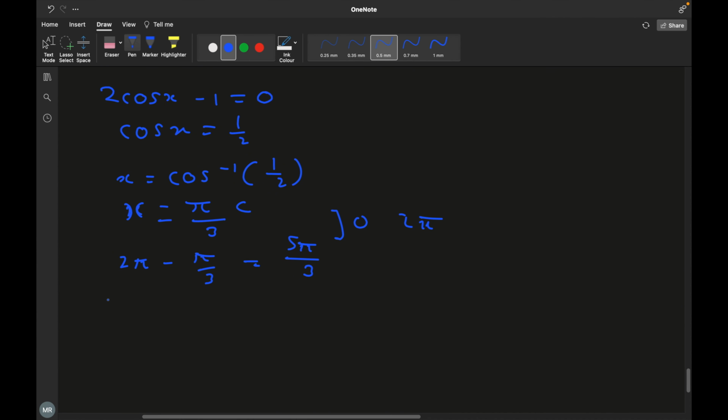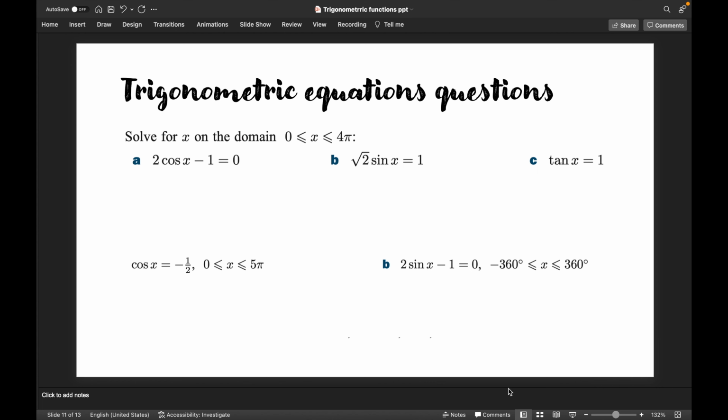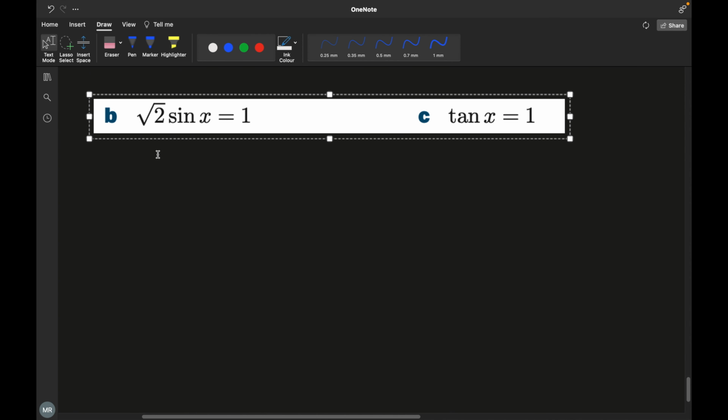So therefore, our third value would be pi by 3 plus 2 pi, which is, let me see, 7 pi by 3. And our fourth value would be this, which is 11 pi by 3. This is our answer.